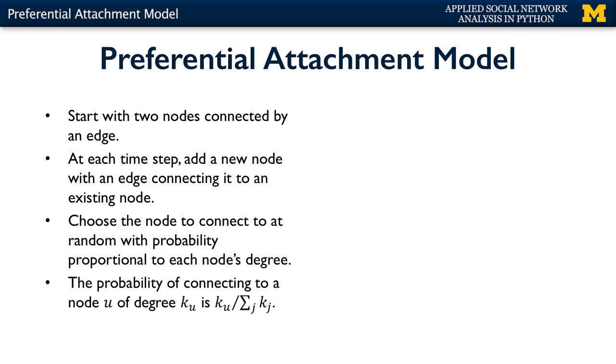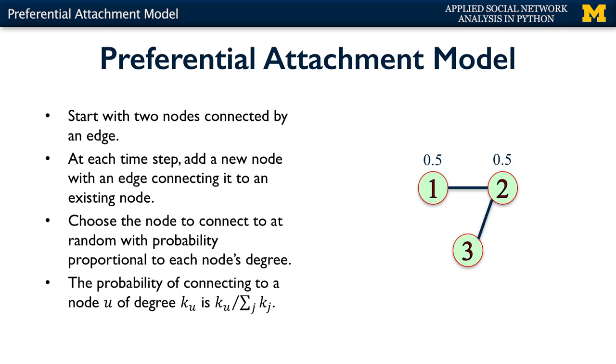So let's run an example of this model. Again, we start with just two nodes connected by an edge. And then at each time step, we're going to add a new node. So node 3 is going to come in and attach to a single node, either node 1 or node 2, with probability proportional to their degree. Right now, node 1 and 2 both have degree 1, so the probability of choosing 1 or 2 is 50-50 for node 3.